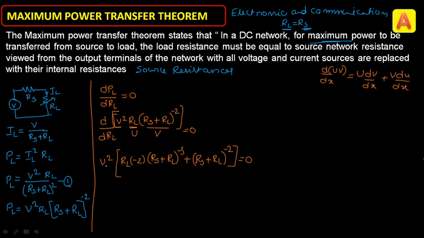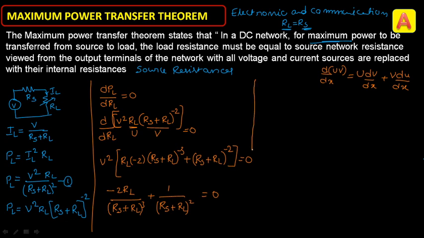Now, taking V square to the right hand side, 0 divided by anything will be 0. See here very carefully, I am writing the equation like this: minus 2 into RL by (RS plus RL) whole cube plus 1 by (RS plus RL) whole square is equal to 0.